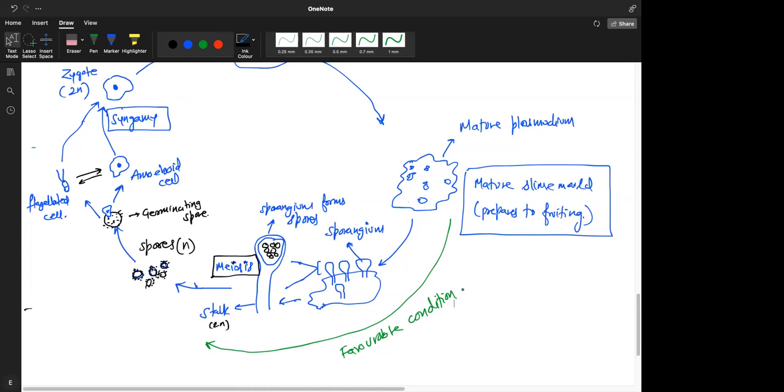Write down: under favorable conditions, slime molds reproduce by forming a reproductive stalk containing spores.